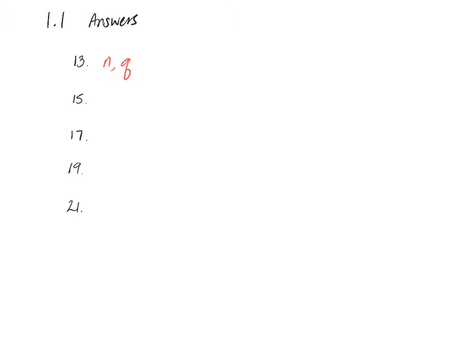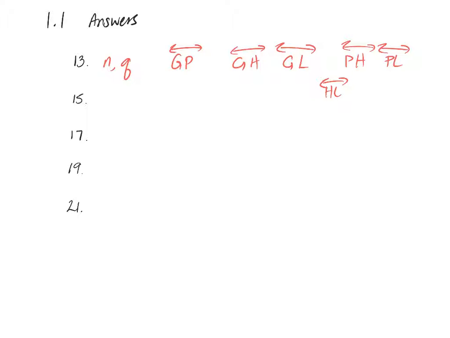However, if you also decided to name some other lines that weren't labeled, there were some other examples such as line GP, line GH, GL, and then you could also include PH and PL, or instead of line Q, you could have also called it line HL. So as long as you had at least several of those, so at a bare minimum N and Q, and then any others, you got that correct.